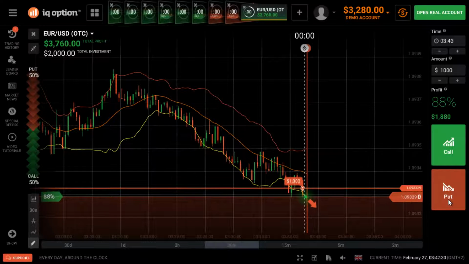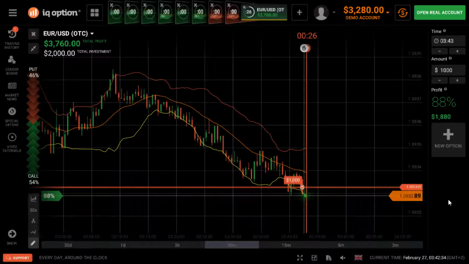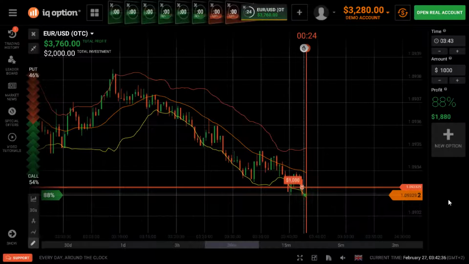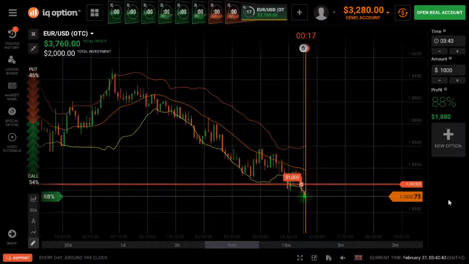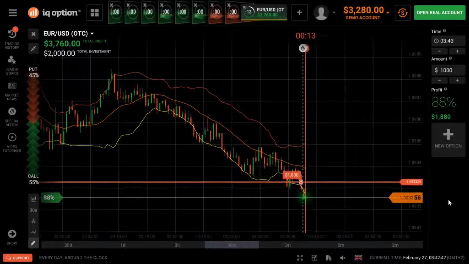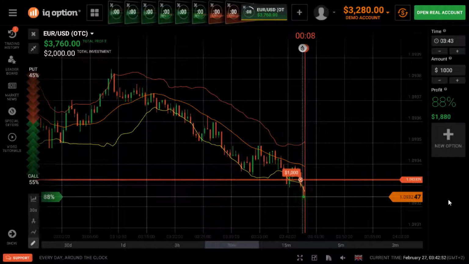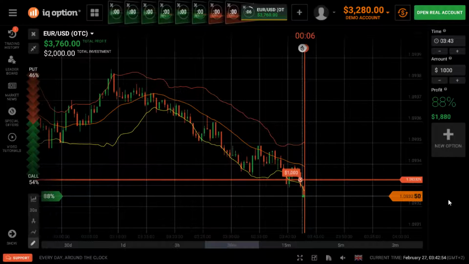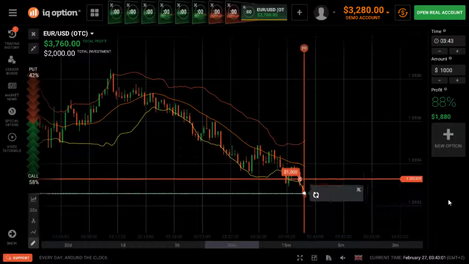So of course eventually it's gonna reverse, but until then it is a very low risk, guaranteed to win if you are placing put. And of course there will be a resistance, like you see some greens grow, but eventually it's gonna come down.